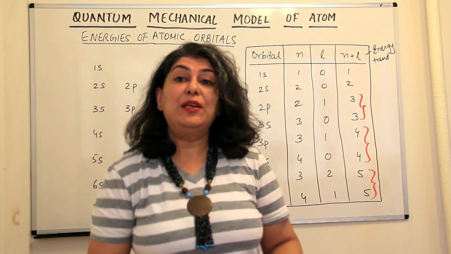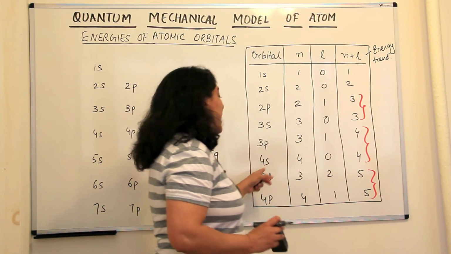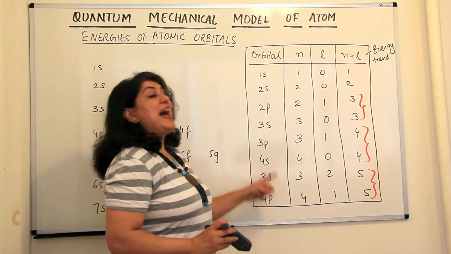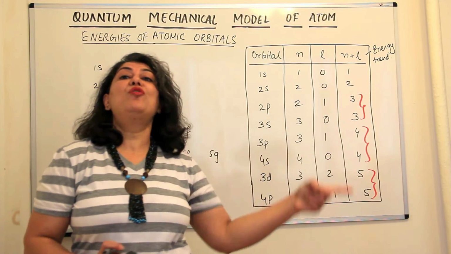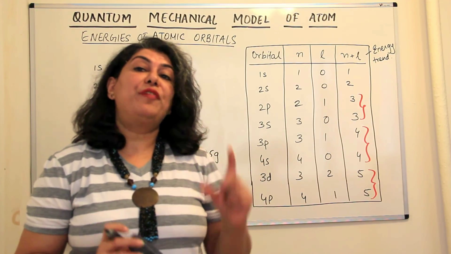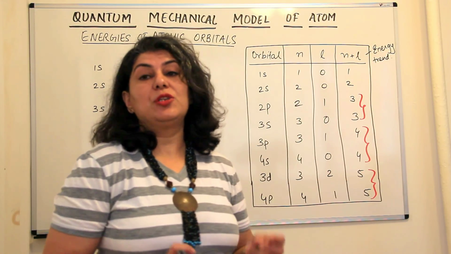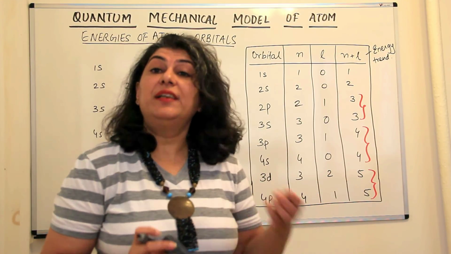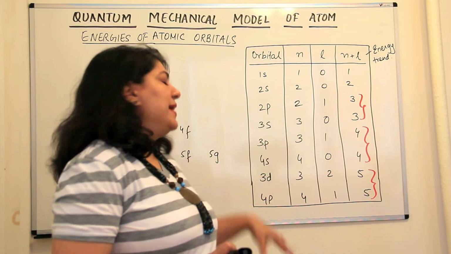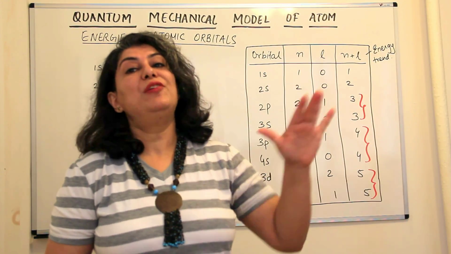Since the n plus l value of 3d orbitals is greater than the n plus l value of 4s, although the principal quantum number is smaller, 3d has more energy than the 4s orbital. So ultimately, you have to find out the sum of n plus l values and decide which subshell has greater energy. But if they have the same value, then the one which has the lower principal quantum number would have lower energy.